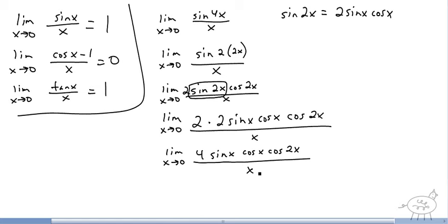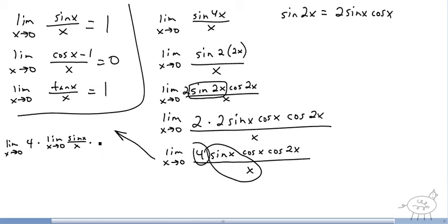I can actually break this up now. Just so I have the room here, I'm going to break this up and rewrite over here. That's really the limit as x approaches 0 of 4 times the limit as x approaches 0 of sine of x over x times, so I've taken this part, I've taken this part, and then times the limit as x approaches 0 of cosine of x cosine of 2x.